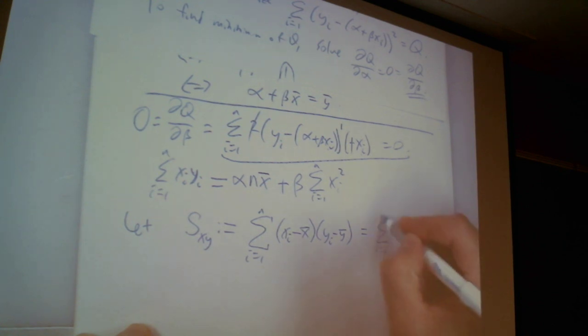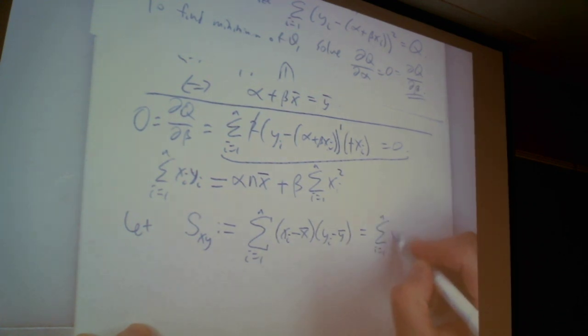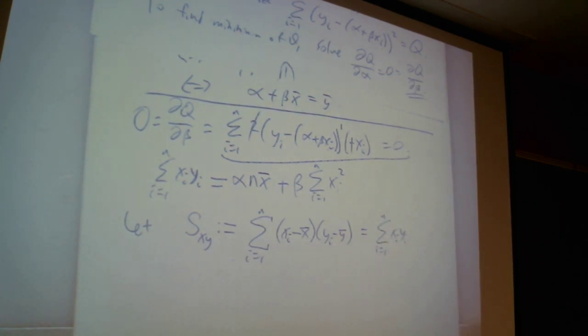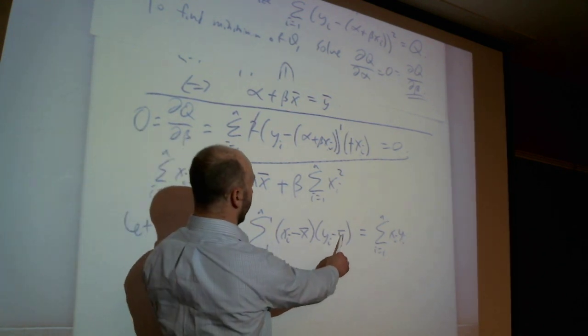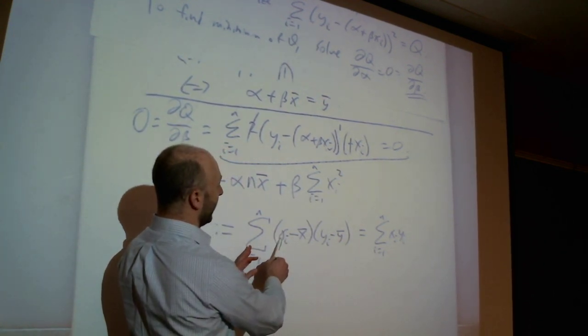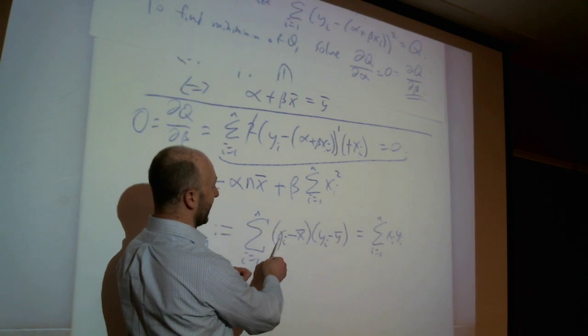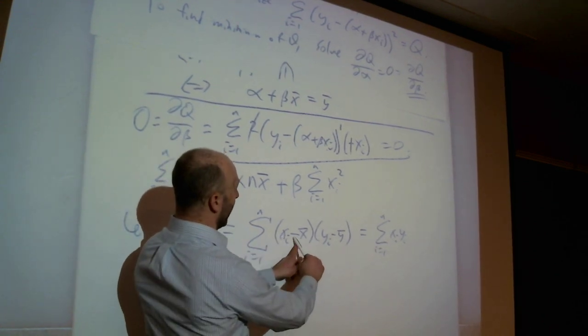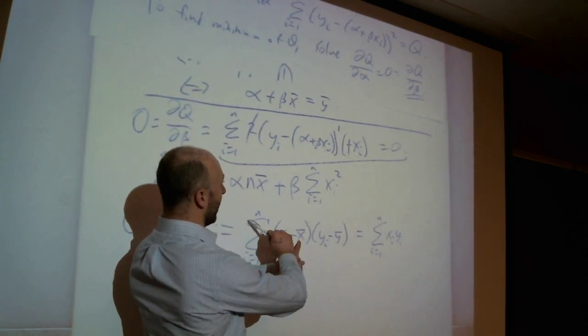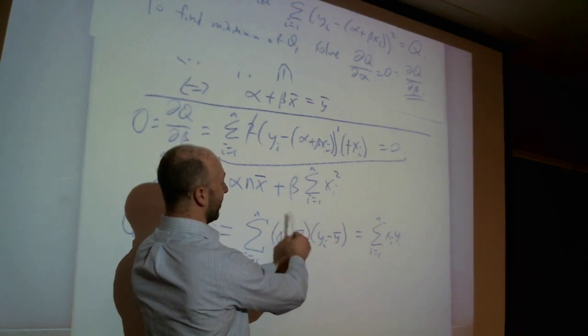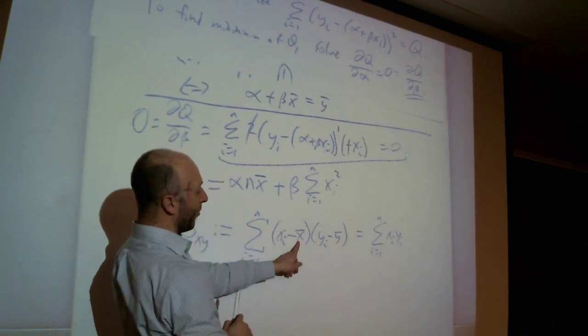So if I open up this product, I will get xi yi. I'll get a minus y bar times the sum of the xi's. That's n x bar y bar. I get minus x bar times yi times the sum of the yi's. That's another minus n x bar y bar.